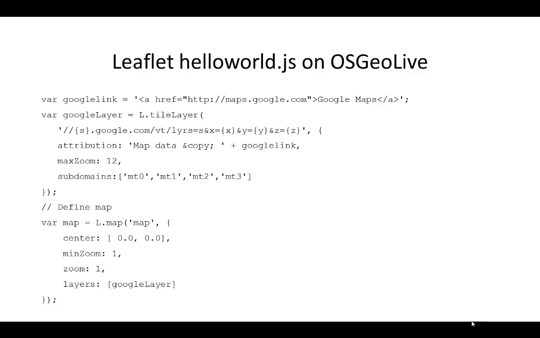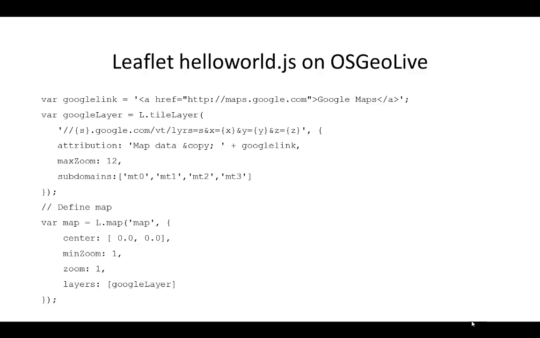Then, in the curly brackets, there's a set of optional parameters that are being sent in to the tile layer. We can see we've got an attribution value, which is just the string, map data, copyright sign, and then the link to Google Maps.